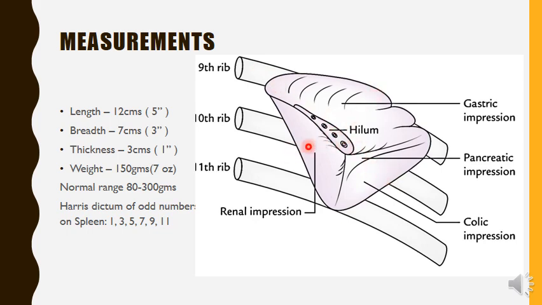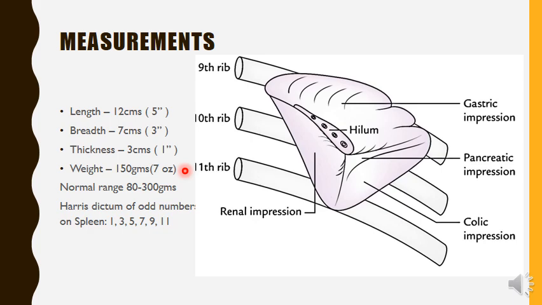The breadth is 7 centimeters or 3 inches, and the thickness is 3 centimeters or 1 inch, and the weight usually is 150 grams, and if you want to describe that in ounces, it will be 7 ounces. The normal range of the weight will be around 80 to 300 grams. But average weight is around 150 grams or 7 ounces.